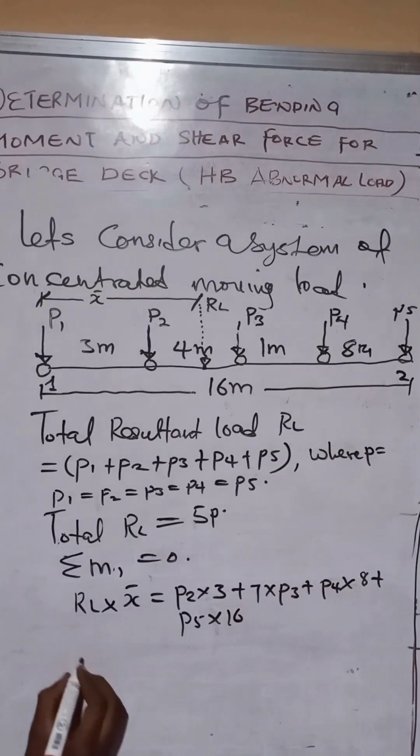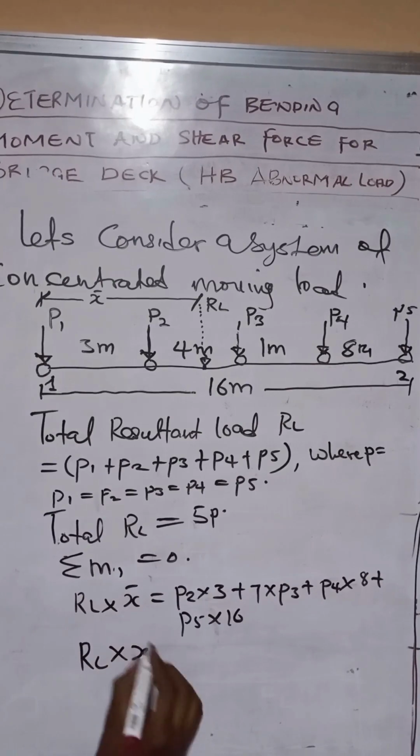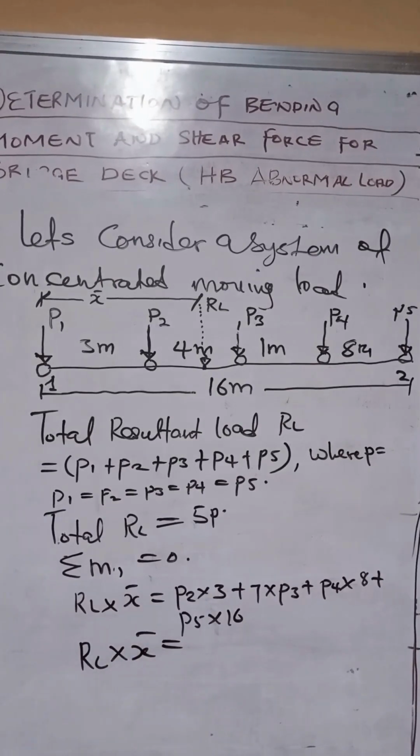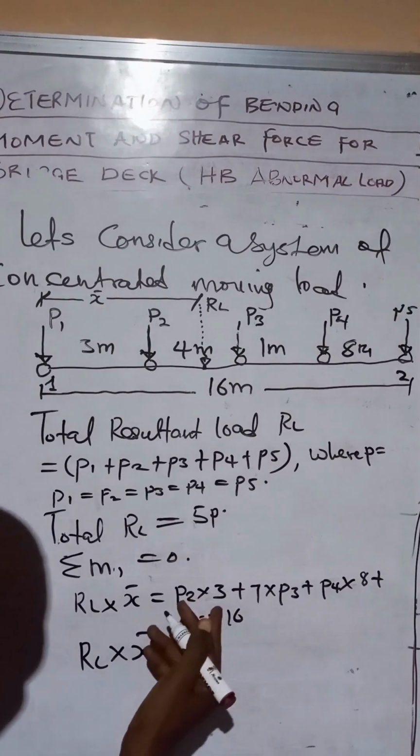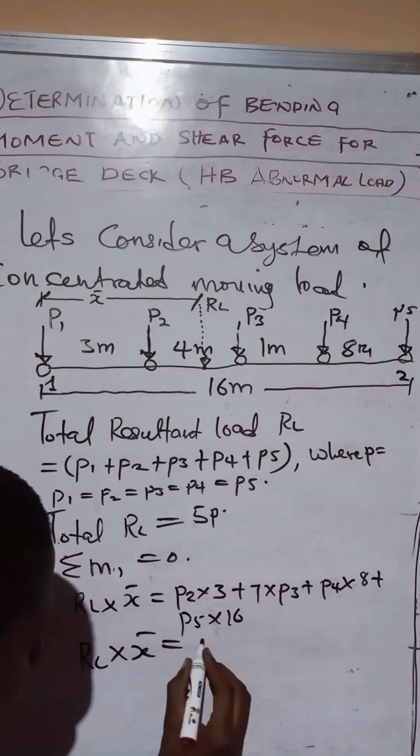All right. So if we do that, we'll have RL times bar X, where P is equal to P1, P2, P3. What it means is that we're going to have 3 plus 7, which is 10, plus 8, 18, plus 16. That will give us 34. So we have 34P.